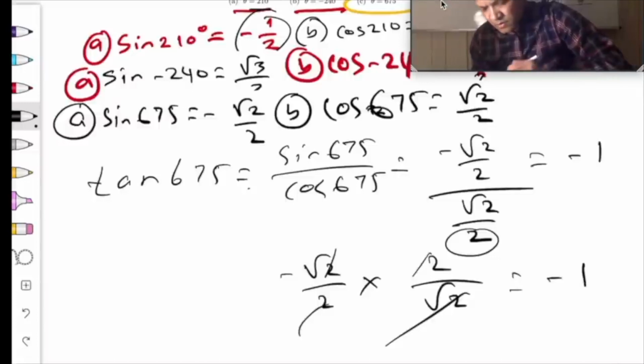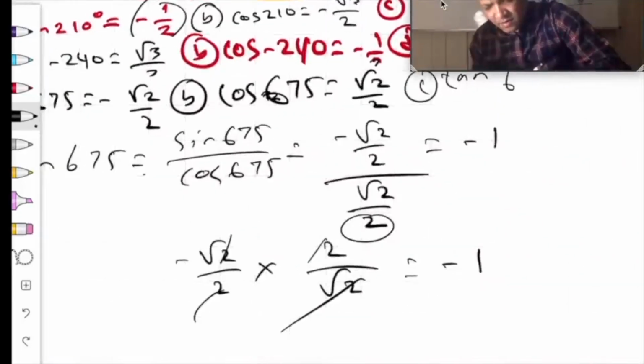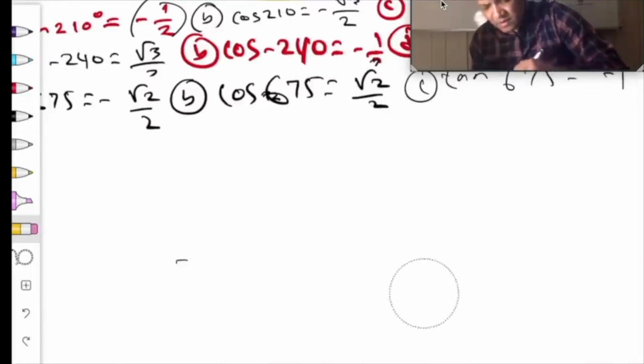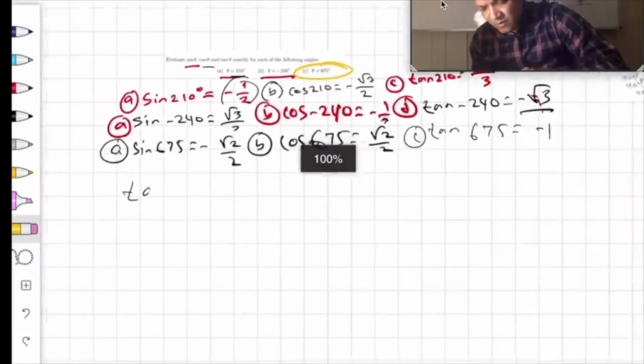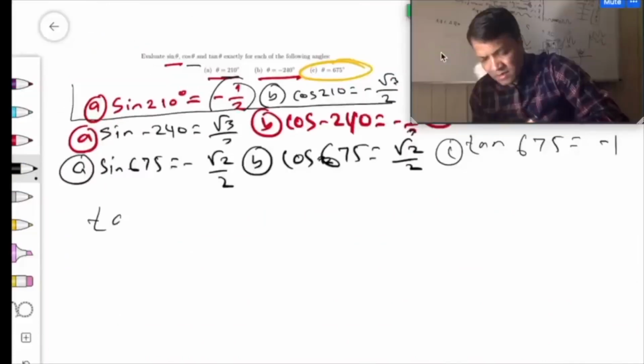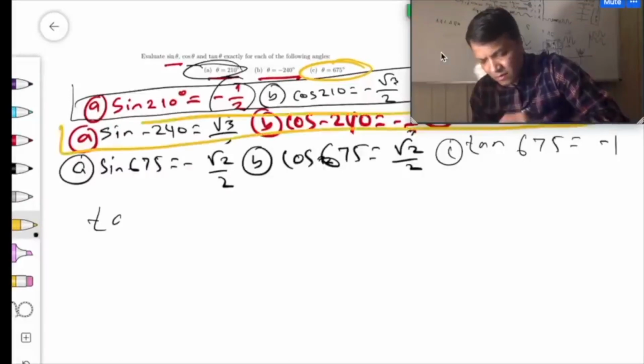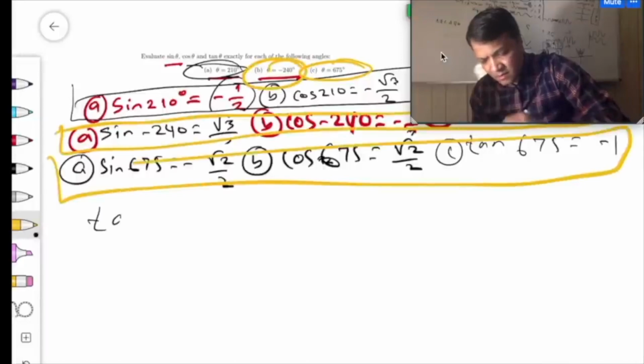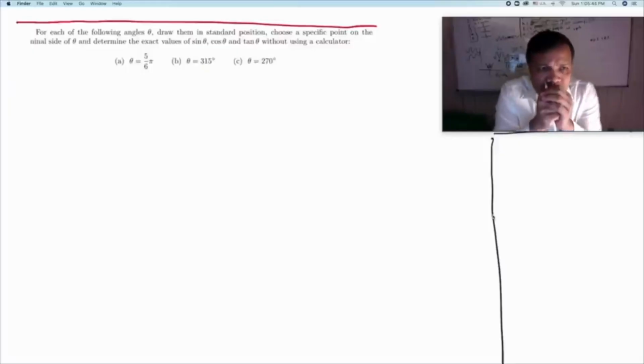So C, tangent 675, is equal to negative 1, and this is the answer for this one. Next trigonometric problem.